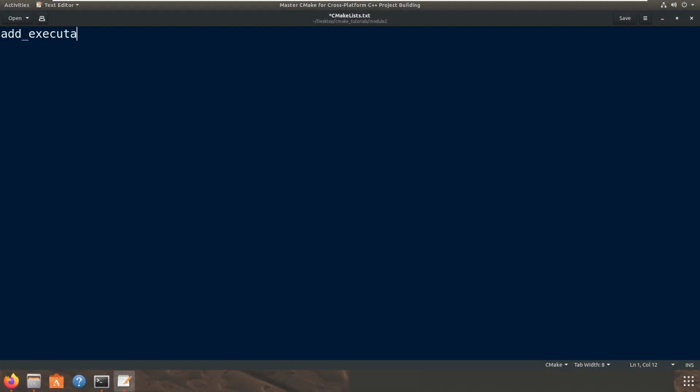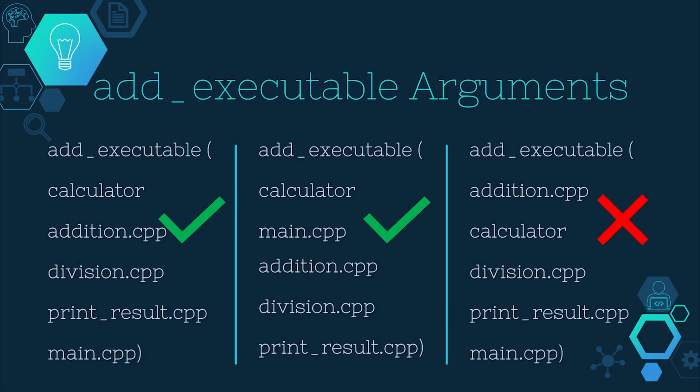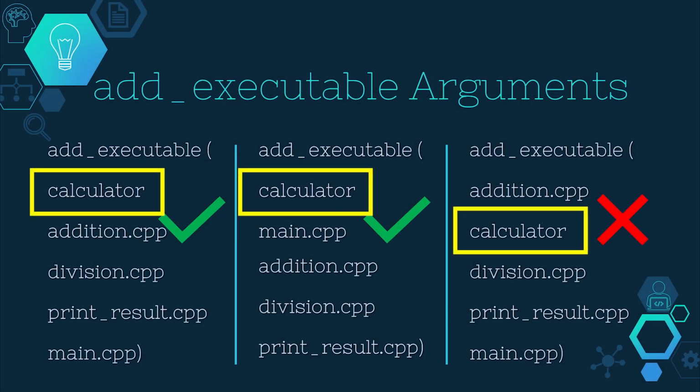We will name our executable calculator, and the source files required for this executable are addition.cpp, division.cpp, printresult.cpp, and main.cpp. Note that the naming sequence of all these source files does not matter, but the name of the executable should be the first argument.